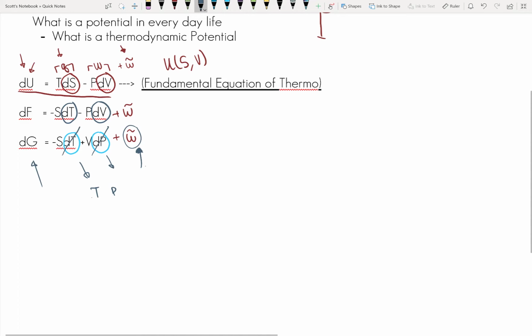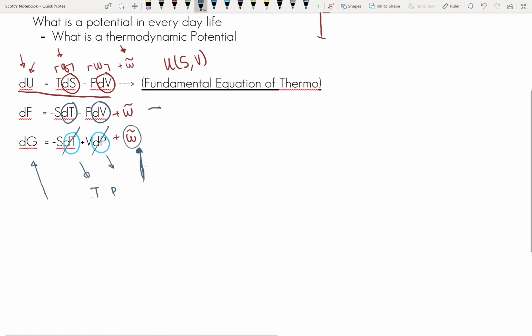Both of those terms are zero. And so we can directly relate a potential and the other form of work, and then we could minimize the potential and say, this is what will happen to this other property, or these other forms of work, as it tends towards equilibrium.